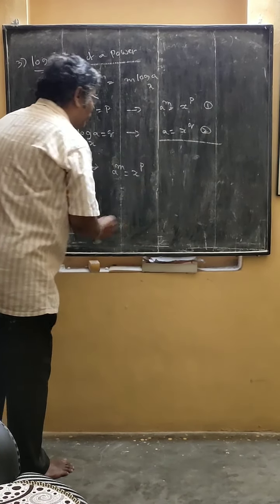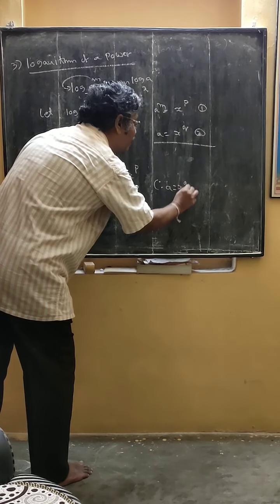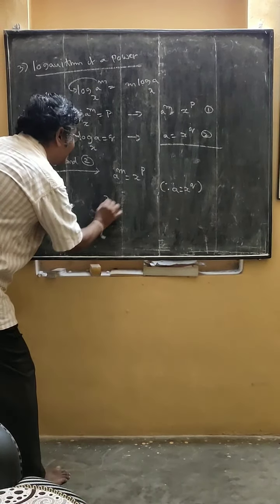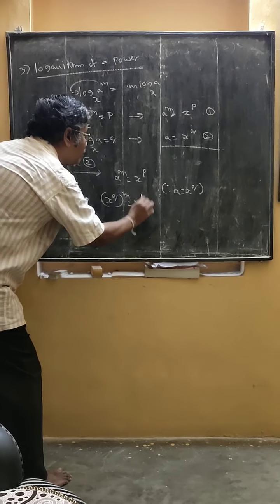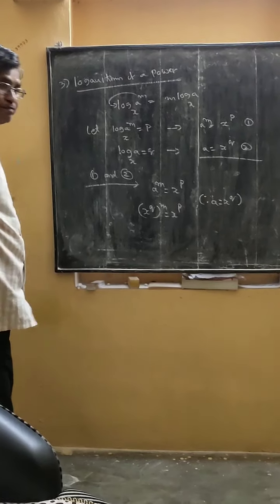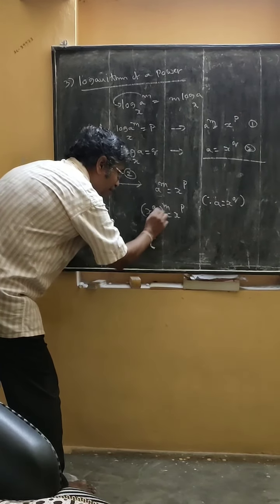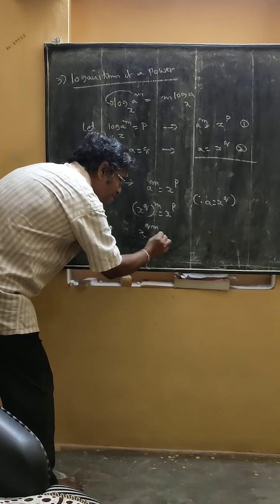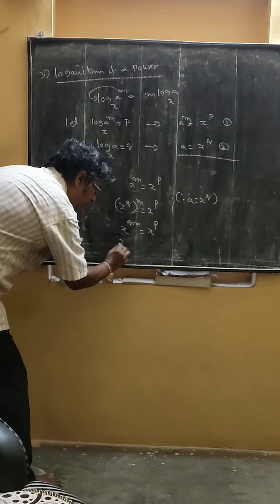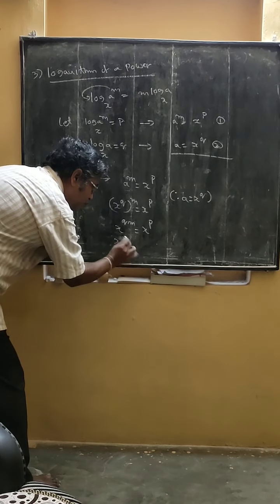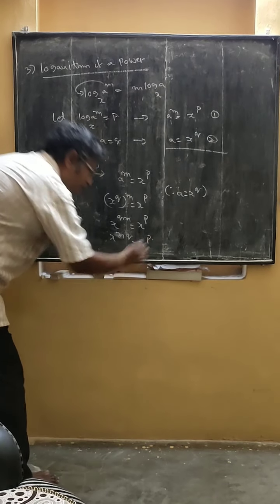Since a is equal to x power q, (x power q) whole power m is equal to x power p. (a power m) whole power n is a power mn, so x power mq is equal to x power p.